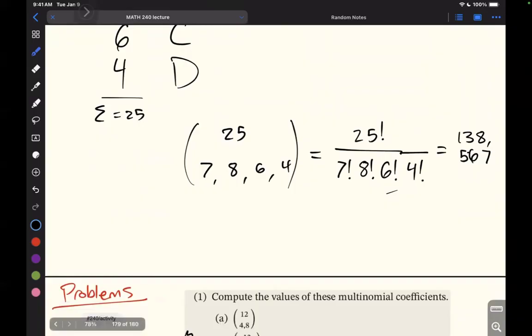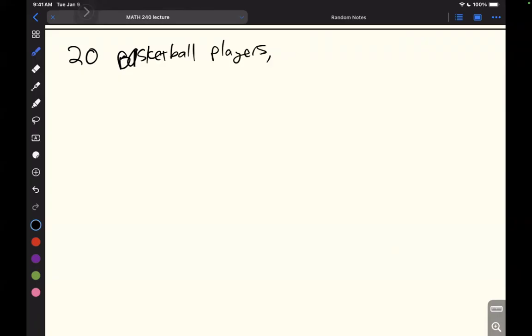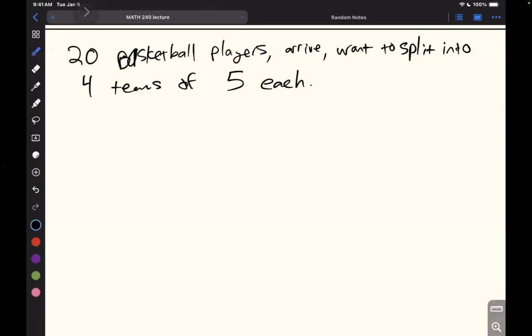All right. Excellent job. I have another question. It is infamous. I have 20 basketball players, and these 20 players arrive at a gym and want to divide into 4 teams of 5 players each.